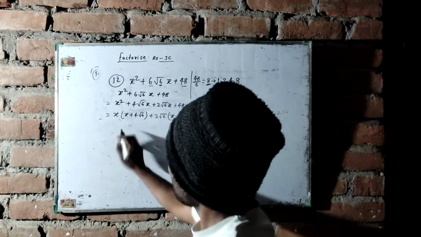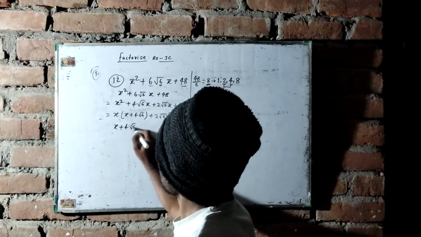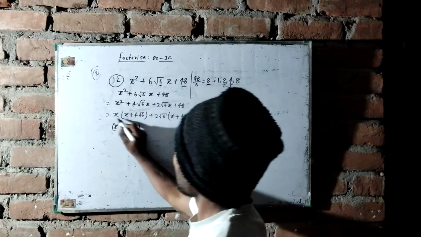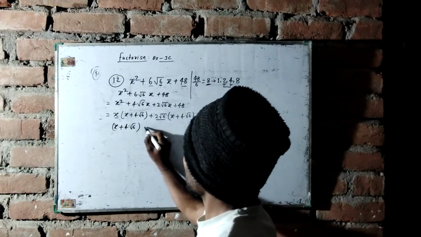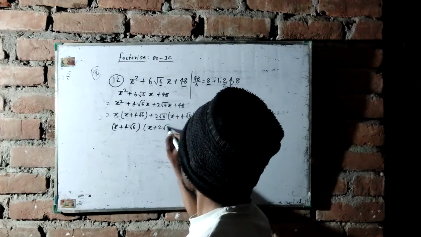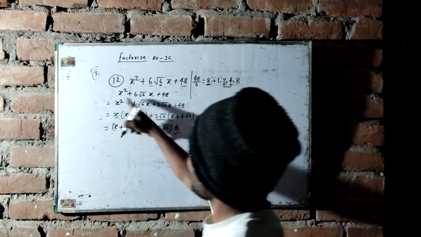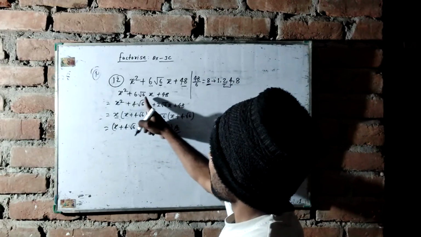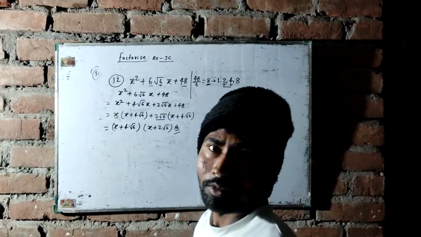So we can take x plus 4 root 6 as a common factor and we can write x plus 2 root 6 as a multiple. These are the required factors of the polynomial x square plus 6 under root 6x plus 48.